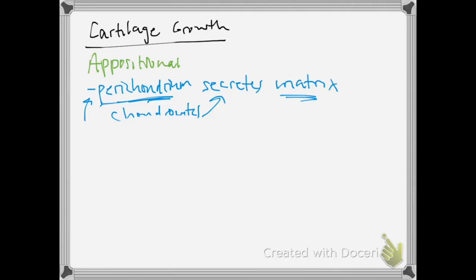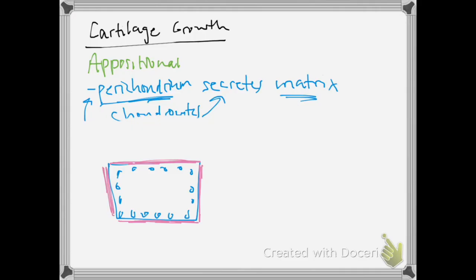So let's get a picture going. If I have this layer of cartilage, I've got chondrocytes all over the place. And then surrounding that I have this perichondrium, this connective tissue layer.